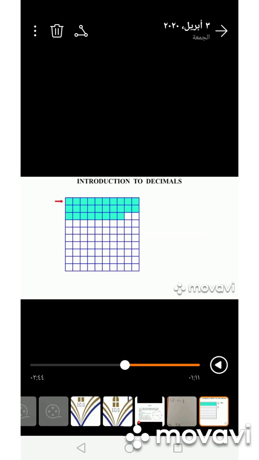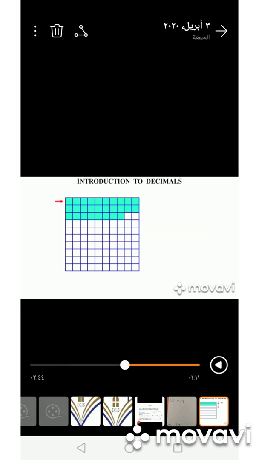Let's count them with our eyes now. 1, 2, 3, 4, 5, 6, 7, 8, 9, 10. So each row contains 10 squares. So how many complete rows do we have? 1, 2. So now we have 10 plus 10 equals 20 squares.